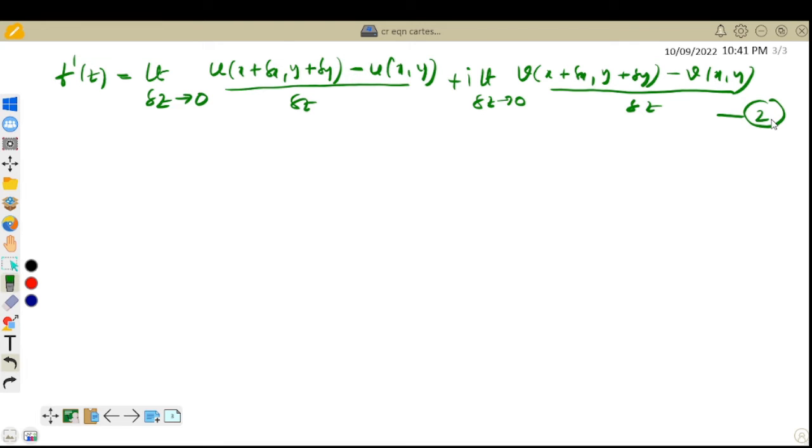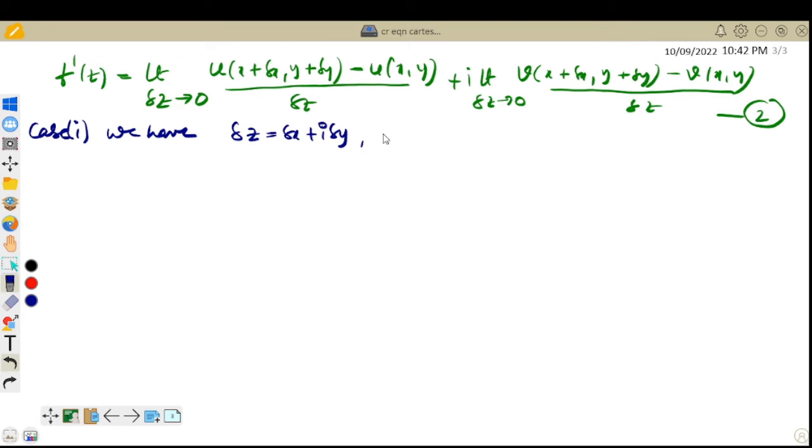Okay, fine. So further we have two cases here. Case 1: we have delta z is equal to delta x plus i delta y.